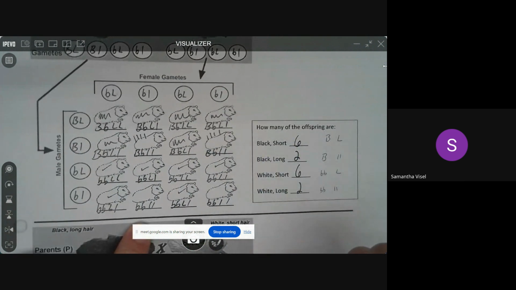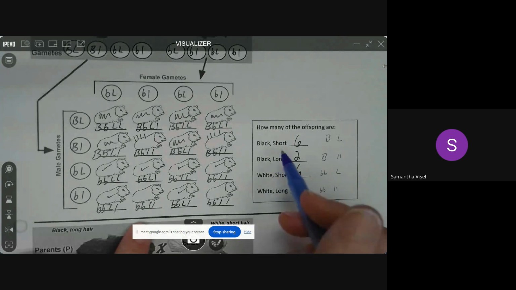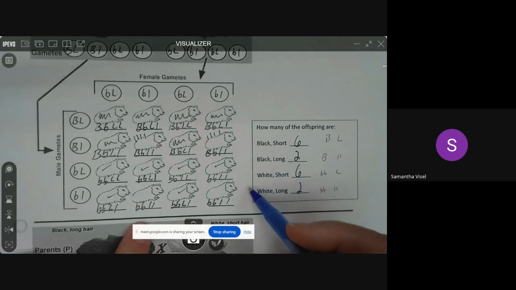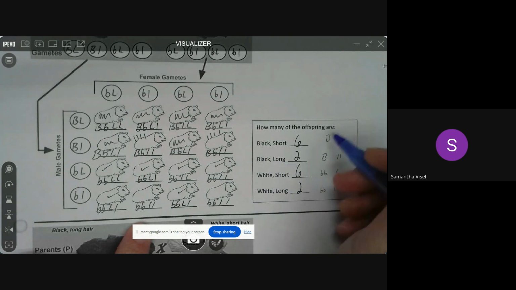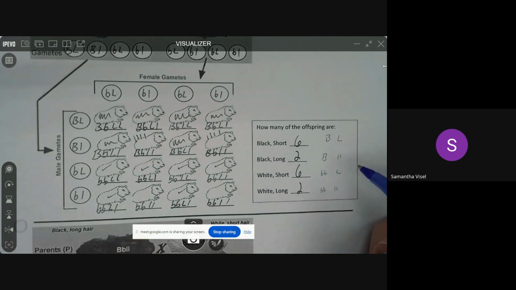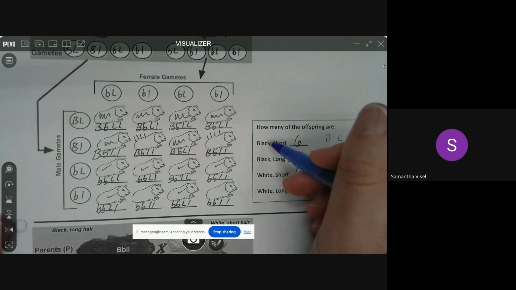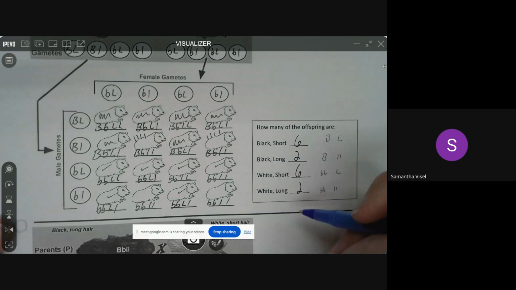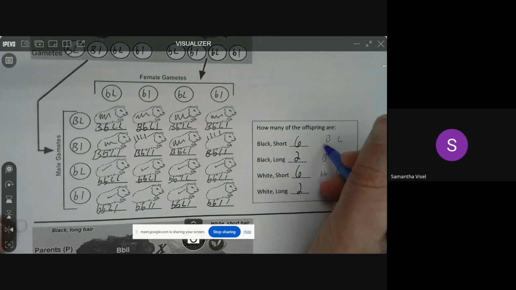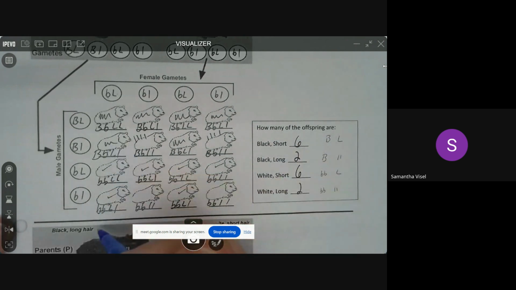Here then, you're asked how many of the offspring are each different phenotype. So I made a little cheat sheet here, and I suggested that we do this yesterday just to help you organize all your guinea pigs. But we know that black and short are dominant. So it doesn't matter if it's homozygous or heterozygous.